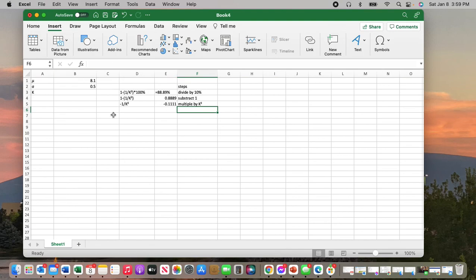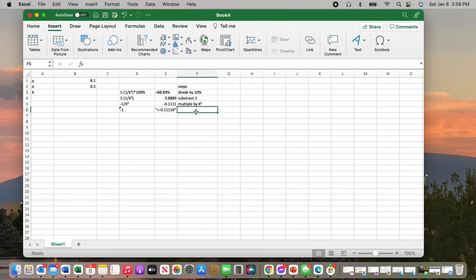And when we do that, we get negative 1 is going to equal negative 0.111 k squared.